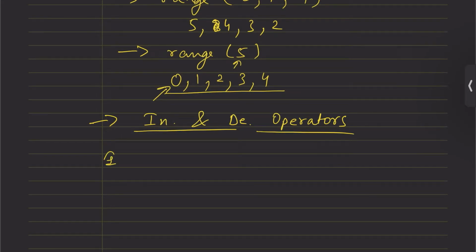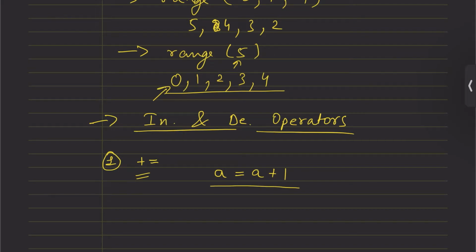The first operator is the addition operator, which adds 1. Let me give you one example. If I write a = a + 1, we all know what this equation means, right?